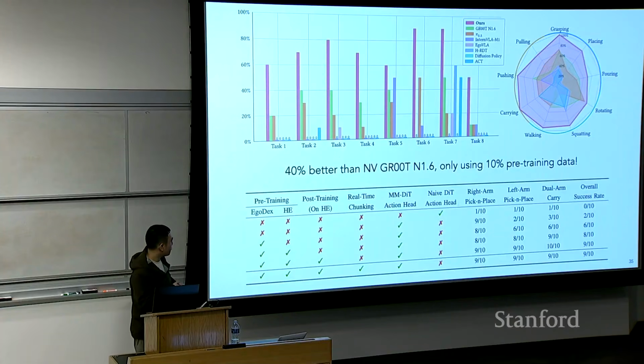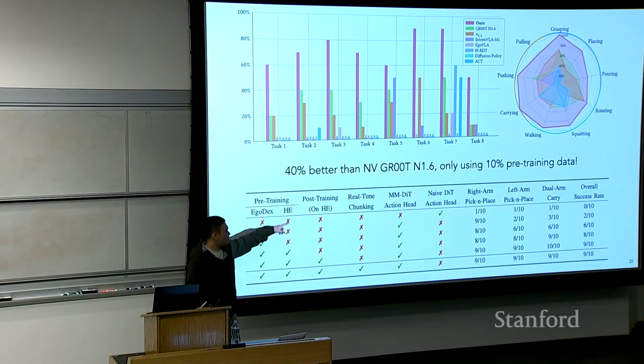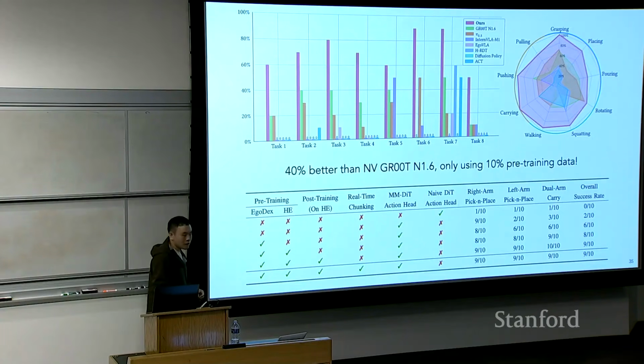As you see, we benchmark different modules, and adding the EgoDex pre-training really helped the model. And also we compare whether MMDiT helped the performance improvement, etc. So yeah, this is pretty much the result.